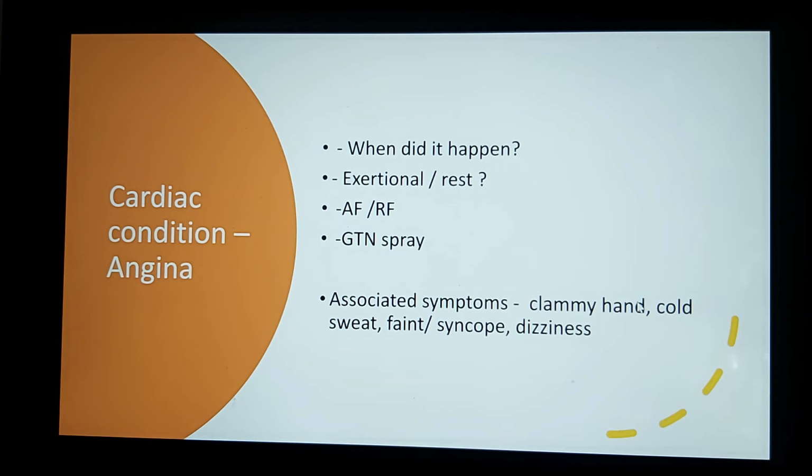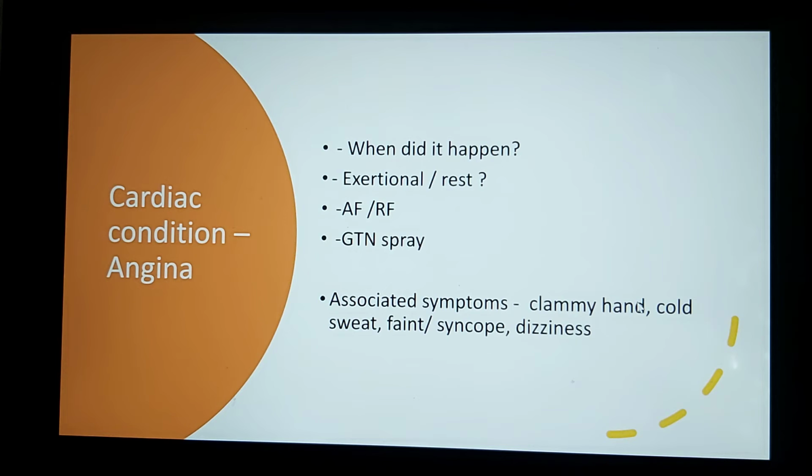You can also confirm the GTN spray from the file itself, because there will be a medication list at the beginning of the file. Ask him about the symptoms he gets when he has angina, apart from chest pain: clammy, sweaty hands, cold sweat around the forehead or the neck, and fainting or dizziness.